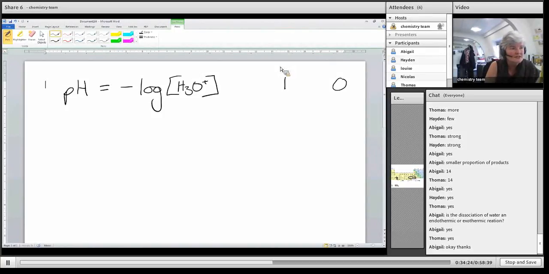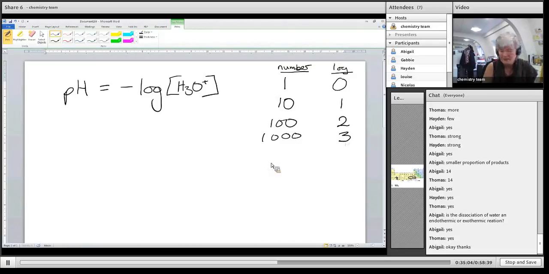So this is the log value, this is the number. So your normal numbers. Okay, so 1 will have a log of 0. 10 has a log of 1. 100 has a log value of 2. 1000, can you get the picture, is a log value of 3.